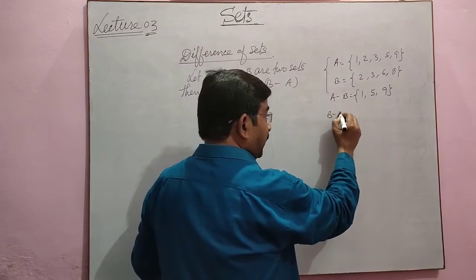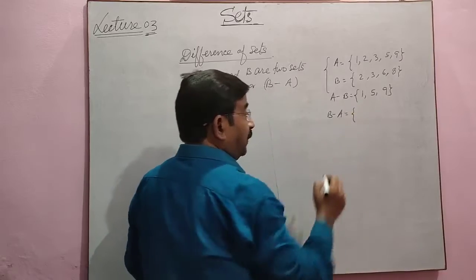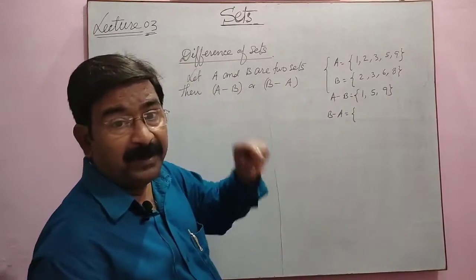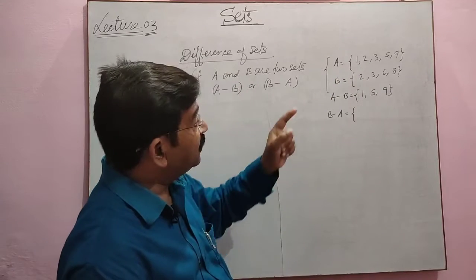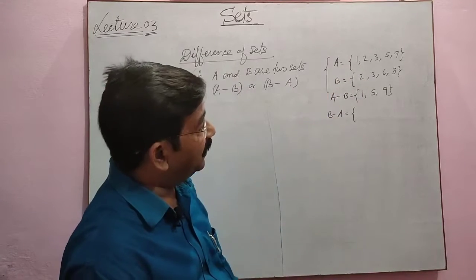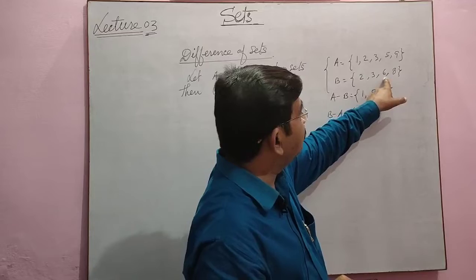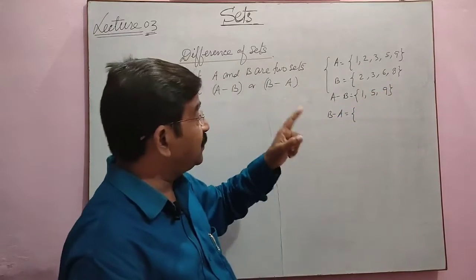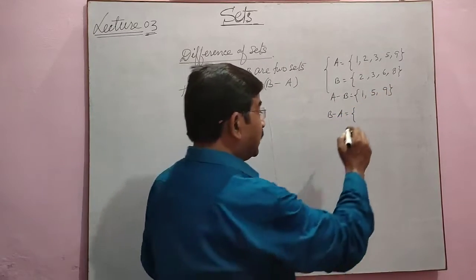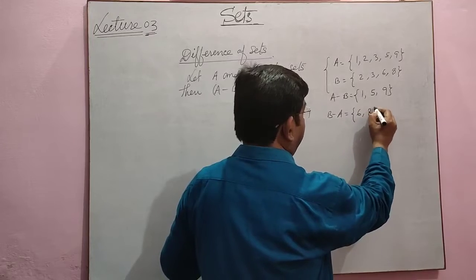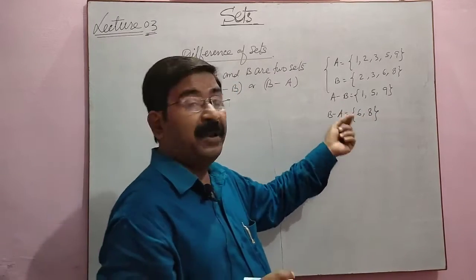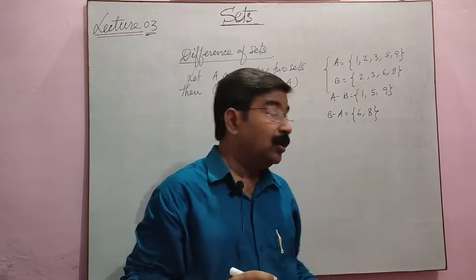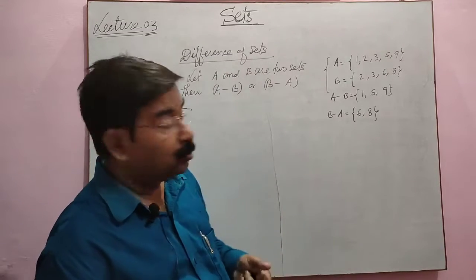B minus A means elements of B which are not found in A. So see which are the elements which are not in A. We have 6 and 8. Elements 6 and 8 of B are not in A. This is B minus A. So let's see one more conclusion.